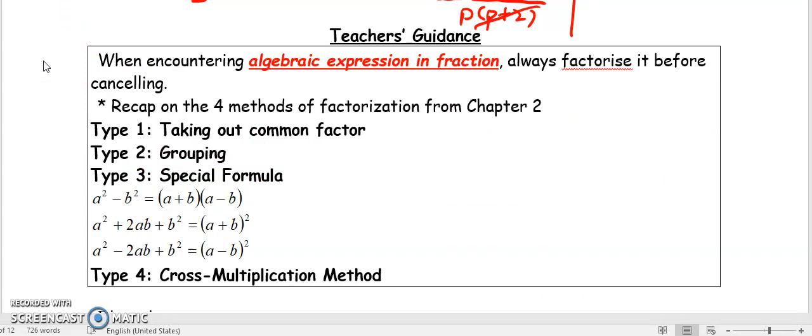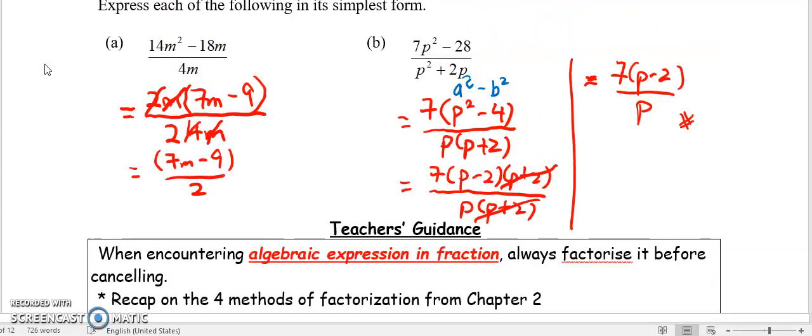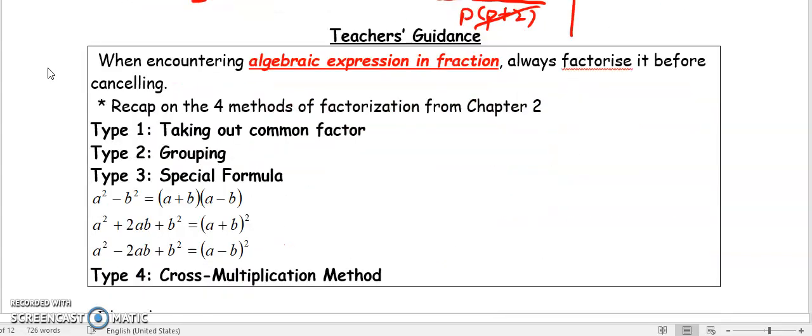In summary, if you perform factorization well enough, you'll be able to handle such questions with confidence. Factorization had been gone through. There are in general 4 types of factorization: taking out common factor, which is what you have learned in Sec 1, factorization by grouping, factorization by special formula, and also cross method factorization.